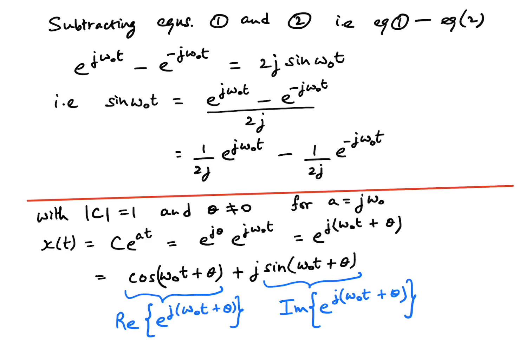Now what we want to realize is, in a complex number, the real part of the complex exponential signal is the cosine term, and the imaginary part of the complex exponential is the sine term. So in other words, cosine of omega naught t plus theta, or cosine x, and similarly sine omega naught t plus theta or sine x, we can represent each of these: cosine being the real part of a complex exponential, and sine being the imaginary part of the complex exponential signal.